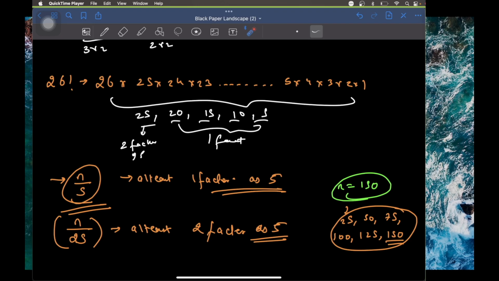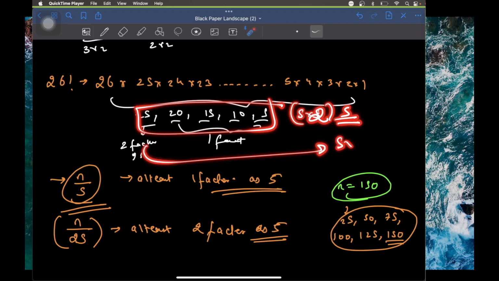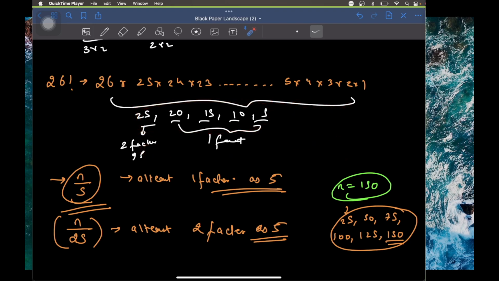But there can be some numbers which instead of just giving one factor of 5, might give two factors of 5. So we need to count those also. So if I calculate n by 25, these will give me those numbers which can give you the second factor 5. So you got your 5 into 2s from here, and then you'll get one more 5 into 2 from 25, because 25 has one more remaining factor of 5.